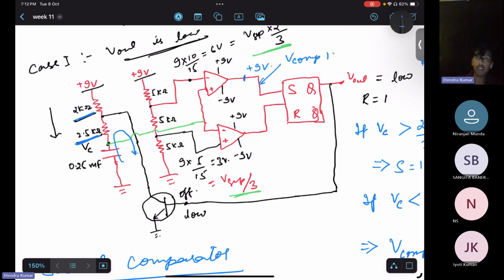Let us see the output waveform, and based on the output waveforms, we will be looking at the capacitor voltage, VC.